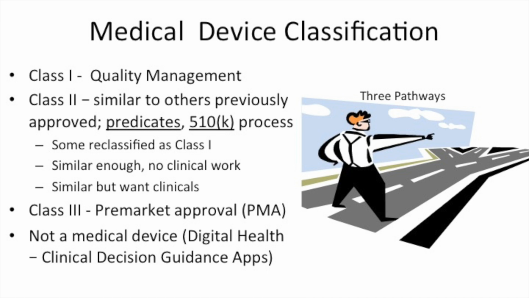In some circumstances, you will only need to do bench testing of the device, and in others, you'll need to do clinical work. This process is referred to as the 510K process, named after the particular paragraph in the legislation that offered up this particular option. So now you have two new regulatory jargon terms to impress people with: predicates and 510K.